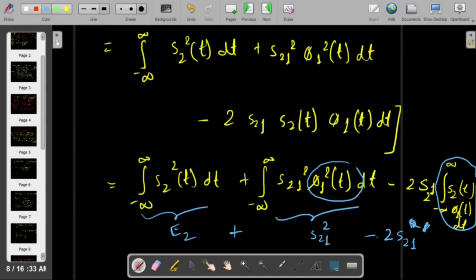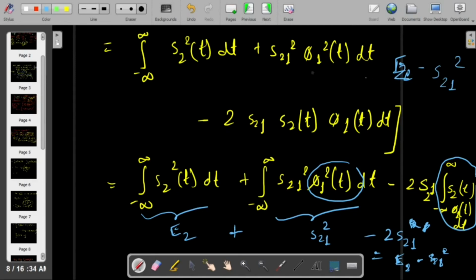So we are left with minus S21 square, and at the end E2 minus S21 square. Sorry, let me write here: E2 minus S21 square. This is the energy of our G2 signal.